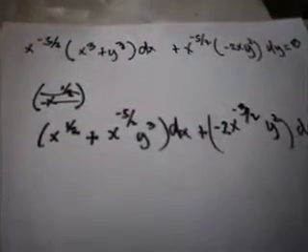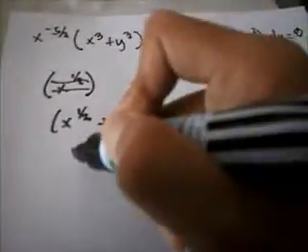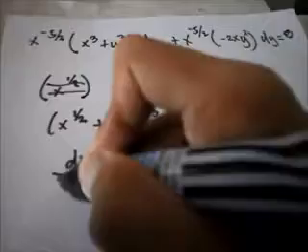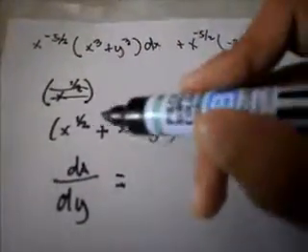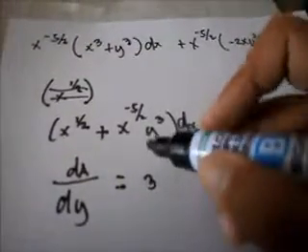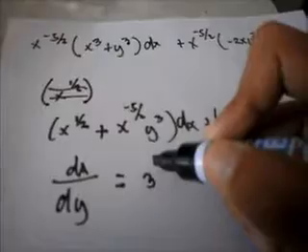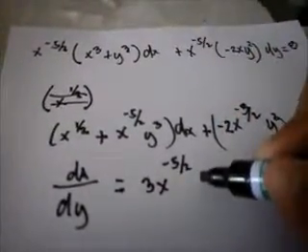Now let's check if our equation is in exact form already. To check, again, we take the derivative of A with respect to y, which is 3x to the negative 5 halves y squared.